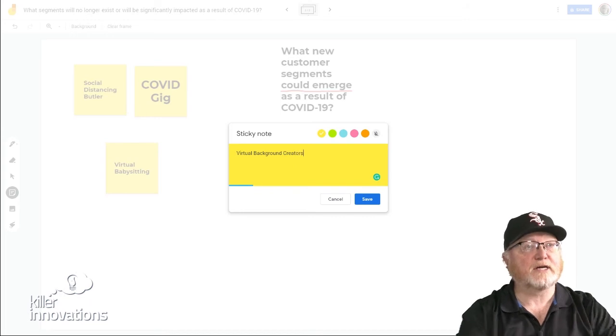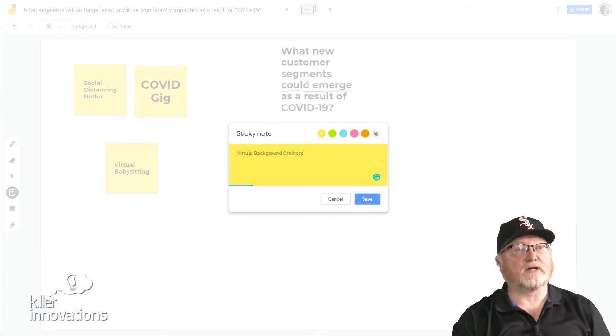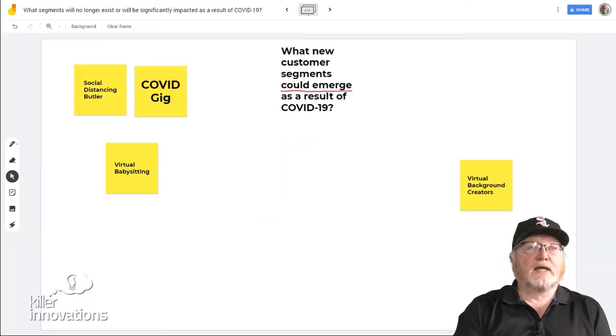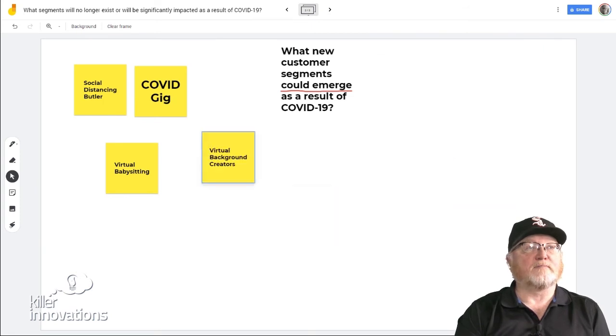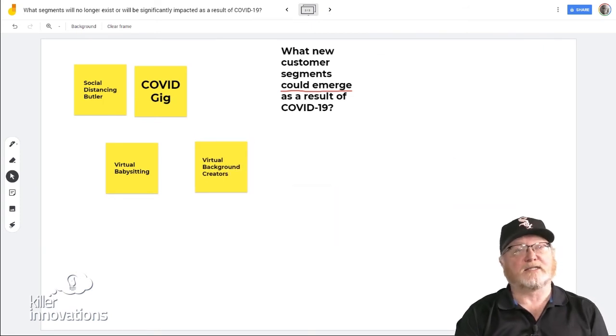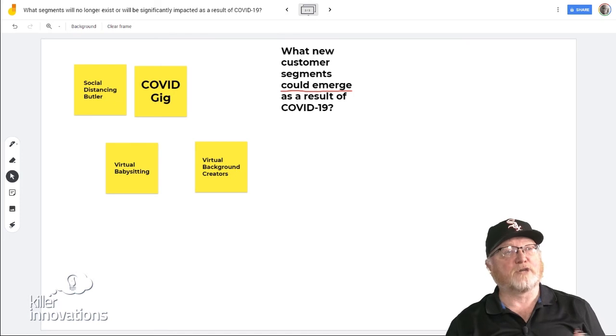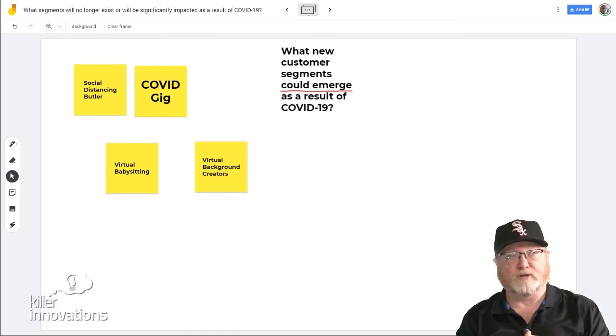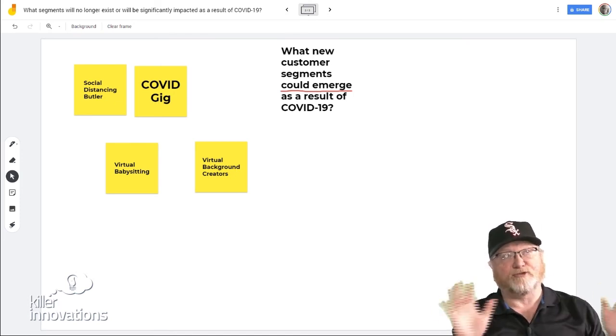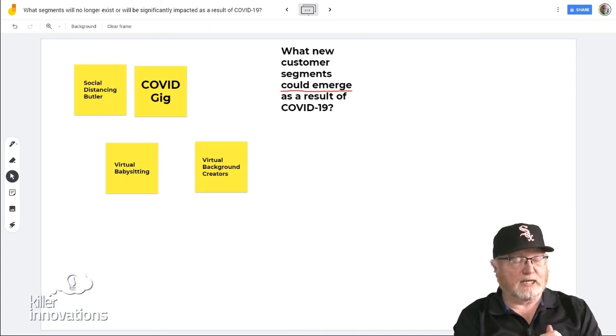If I could spell, I'd be dangerous. Virtual background creators. And I think this is an interesting one, given that the amount of people that have jumped onto Zoom as a result of COVID-19 has been absolutely astounding.